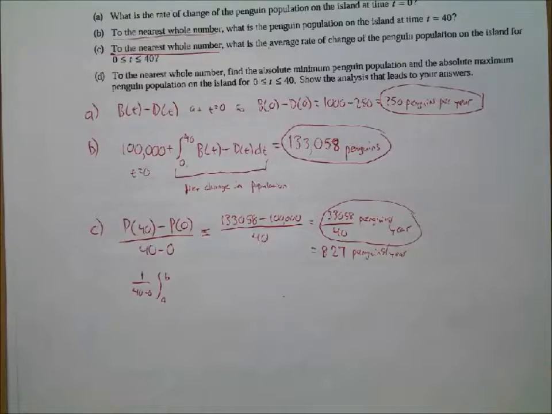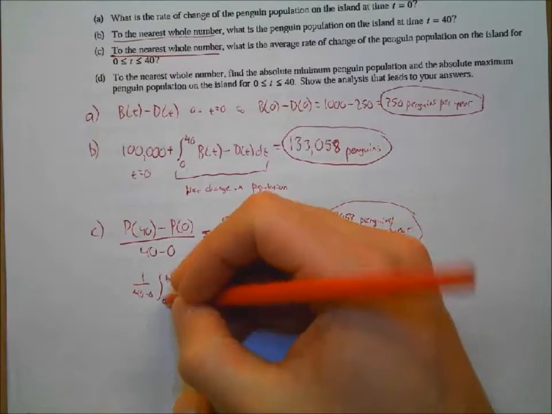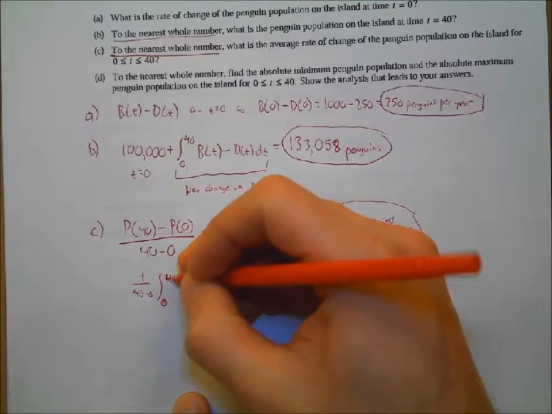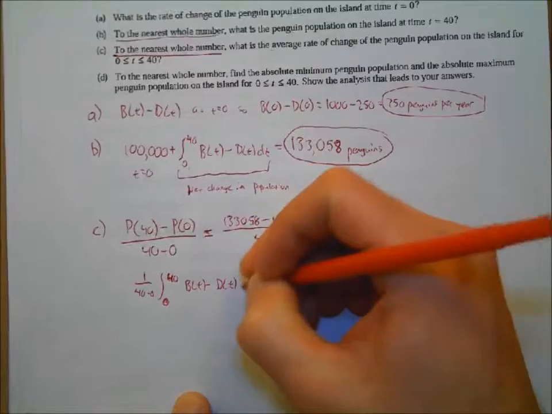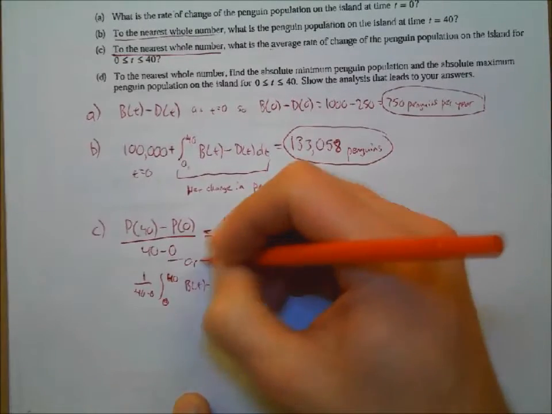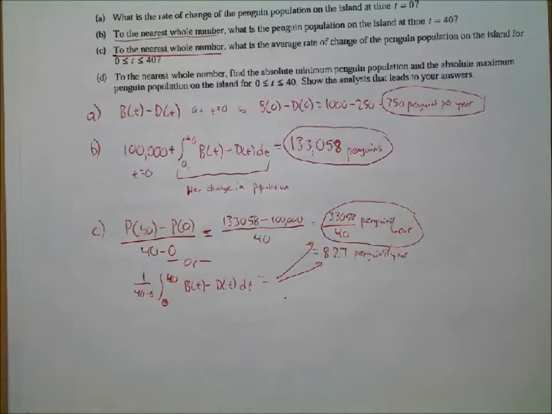And again, what represents the rate of change of the population? B of t minus d of t. So I should do 0 to 40 here, not that. Okay, so you could do that, and you get the same answer there. All right, so you weren't wrong. Both would work here, okay? Both would work here.